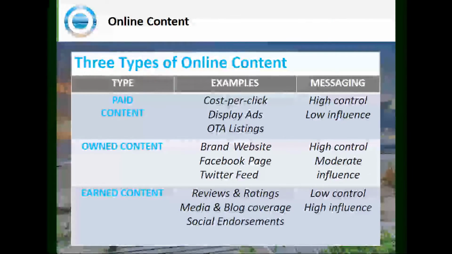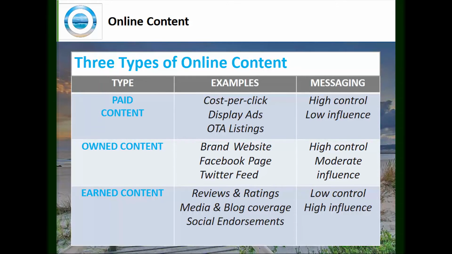Before we get into anything, I just wanted to present to you three types of online content that you're able to produce and have control over. If you think of your website, you're paying for that content and you have complete control of what's happening on your website, but at the end of the day, in terms of level of influence, it can be lower in terms of driving action.